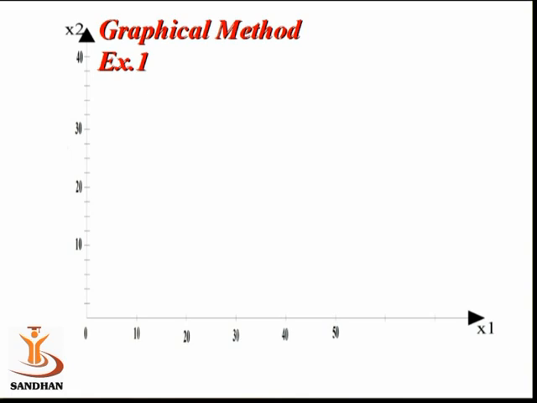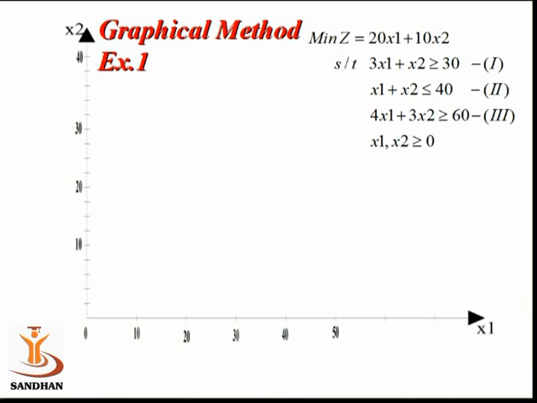Now let us try to understand what the graphical method is, and how to really solve a problem using the graphical method. As I briefed you, there are 2 methods, the extreme point method and the isoprofit line method. So first of all we take the first example, in which we try to solve the problem using the extreme point method. So see, here our problem is minimization type.